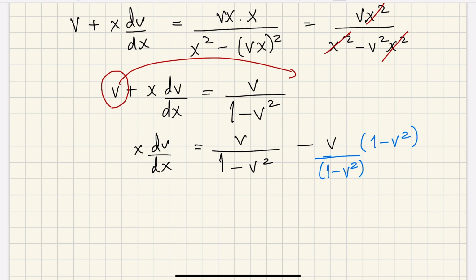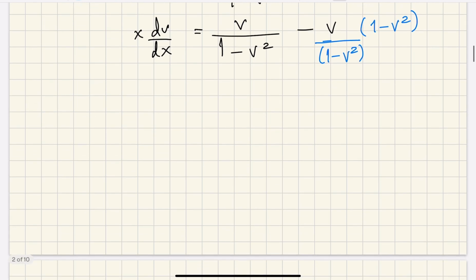If you do a little bit of algebra, you should end up with x dv over dx is equal to v cubed over 1 minus v squared.